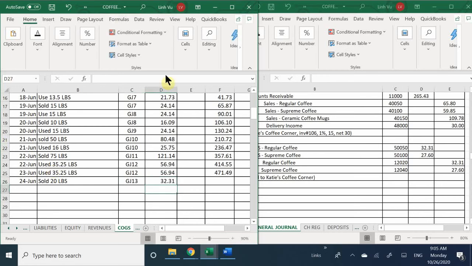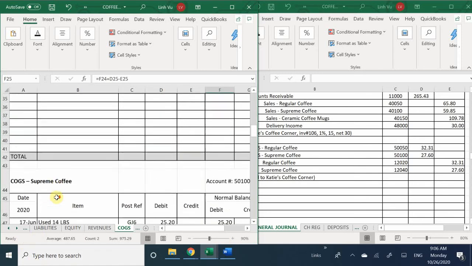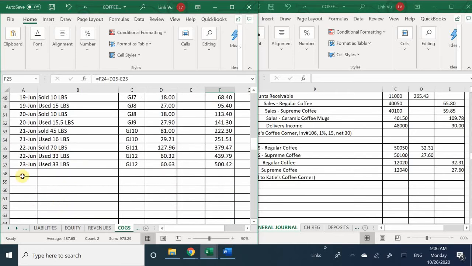Total should be 503.80. Supreme is sold 15 pounds. GJ 13. 27.60. Total should be $528.02.